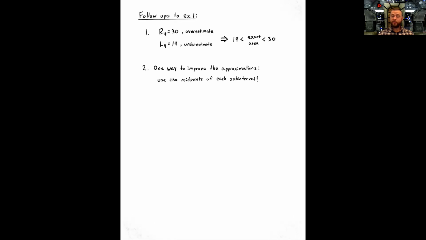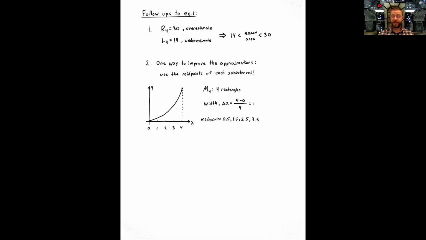All right, one way to improve your approximations, instead of using the left or right endpoints of each subinterval, you can use the midpoints of each subinterval. That is another standard approximation method, which we'll take a look at in a quick example. It's the same sketch, same graph.